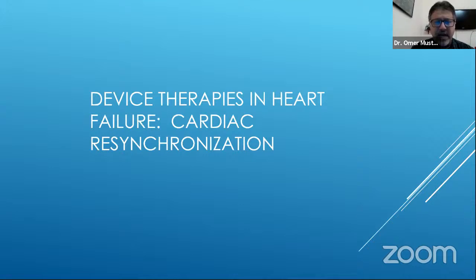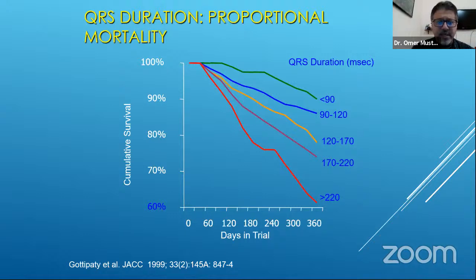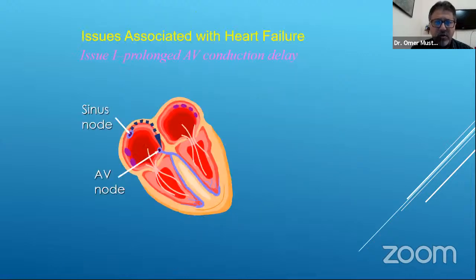So cardiac resynchronization therapy. So what is the proportion of mortality? We see as the QRS duration increases, the survival decreases. So what are the associated problems with wider QRS?